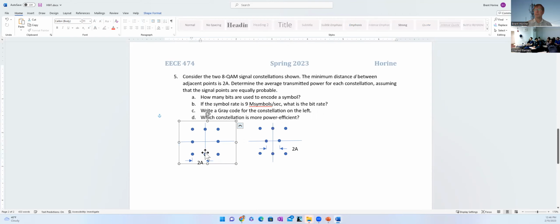In these cases, it's pretty easy. In these other corner cases, you just need to use a little Pythagorean theorem or whatever it is. So add them all up, and then see which one consumes more power.